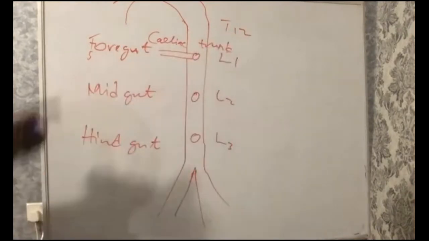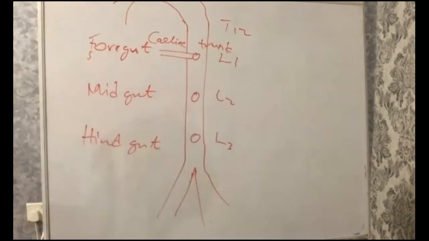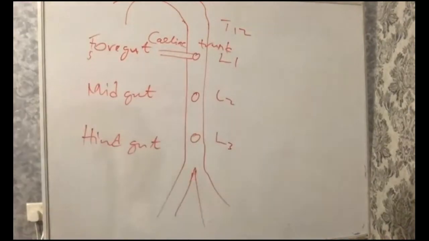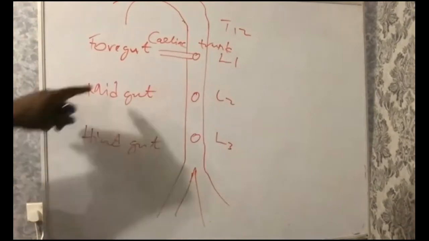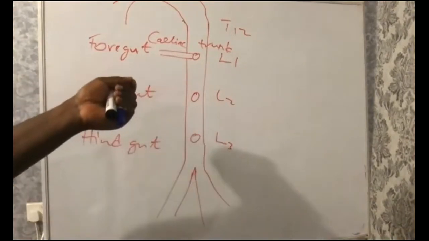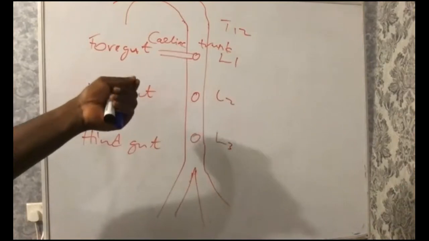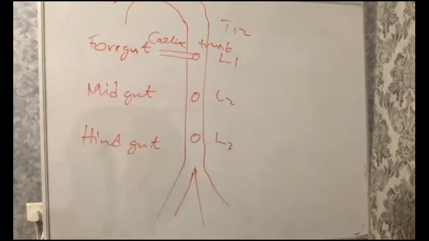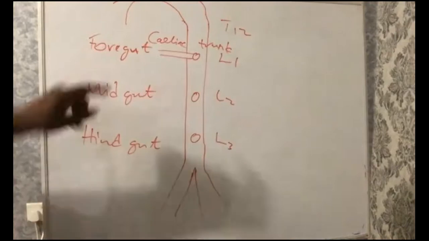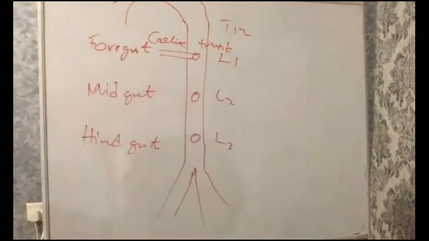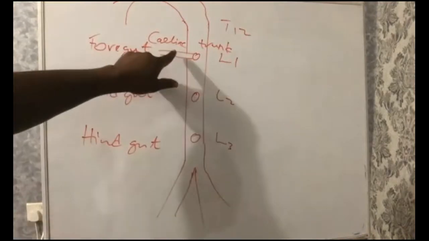That one supplies the stomach, the abdominal part of the esophagus, and part of the duodenum up to the level of the major papilla. That's where the common bile duct and the pancreatic duct open into the duodenum. That is where the foregut ends. So the celiac trunk supplies the spleen, the pancreas, and then the liver also.